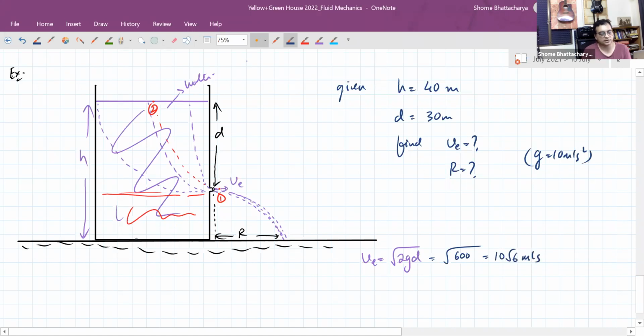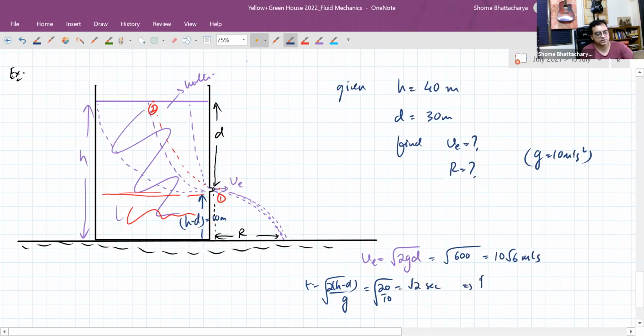And once you get that, you can see that for the rest it is falling through a height of h minus d, which is basically 10 meters. So the time for which it is in free fall outside is square root of 2 times (h minus d) upon g, so square root of 2 seconds. Okay.